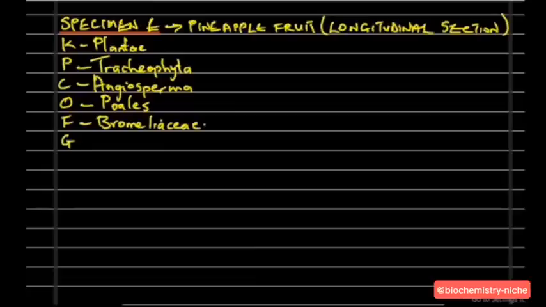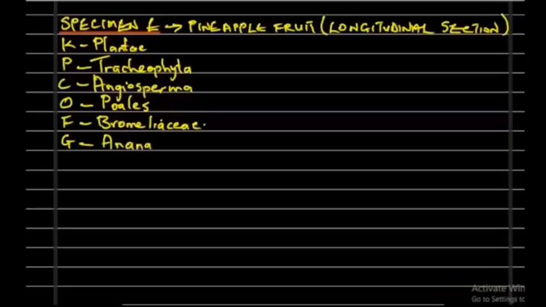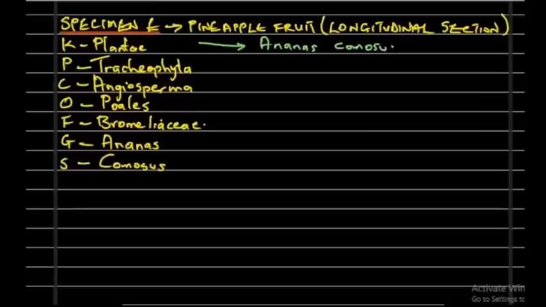And then we have the genus to be Ananas. And the species is called comosus. And with this now, we can deduce the scientific name of this species to be Ananas comosus. That is the scientific name. So that is that about classifying the organism.